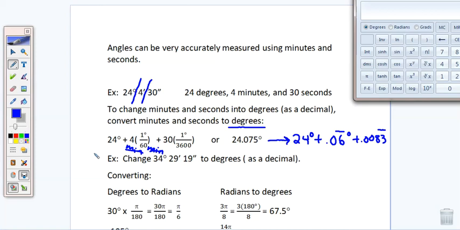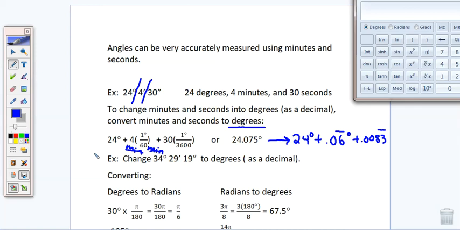Do I have a volunteer that wants to talk me through this right away? We're converting 34 degrees, 29 minutes, 19 seconds into a decimal, all degrees. How many of you have an answer that agrees or is pretty close to each other? Anybody want to talk me through it? Levi, go ahead.